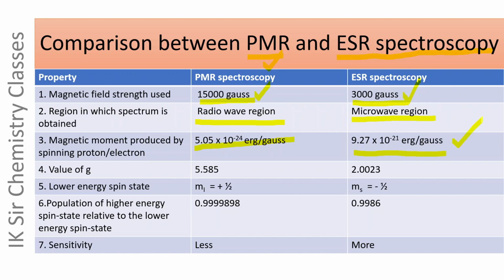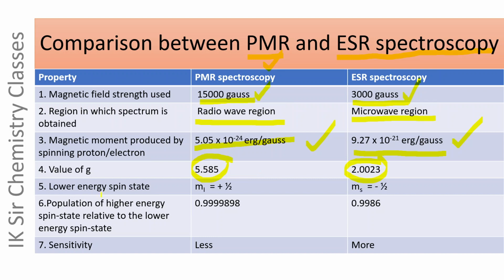This is a higher value in comparison to this. The value of g for a spinning proton is 5.585, while that for a spinning electron it is 2.0023, both in the free states.